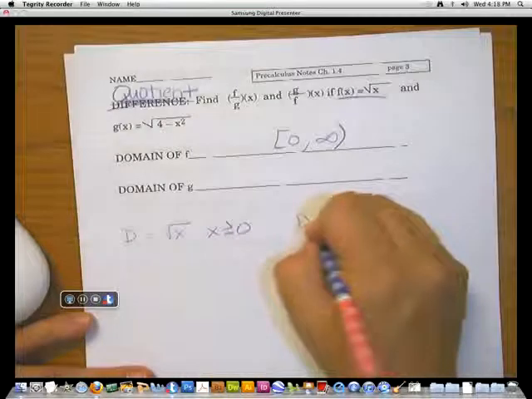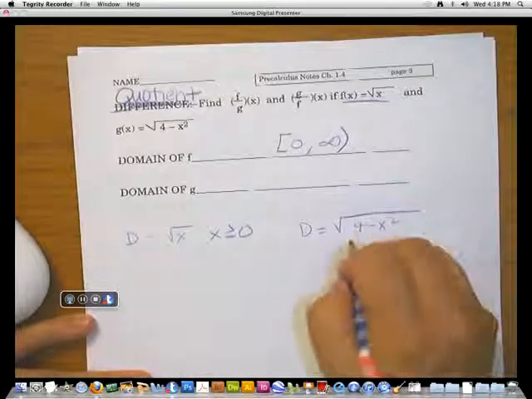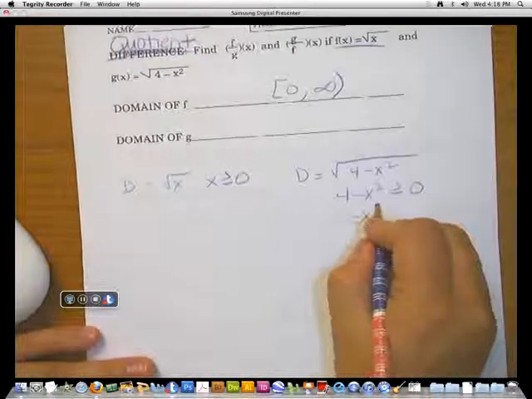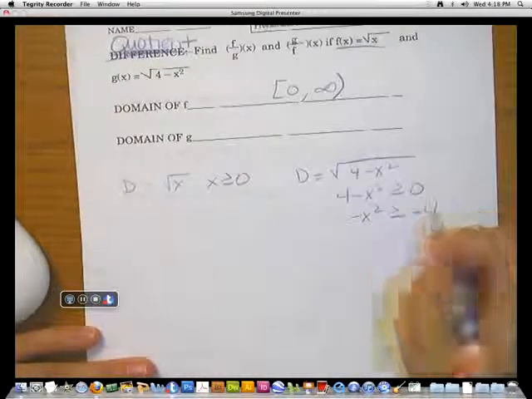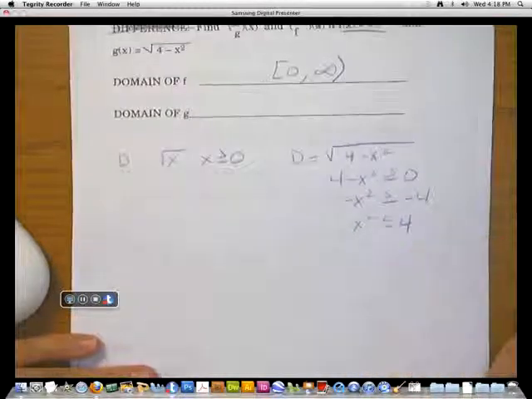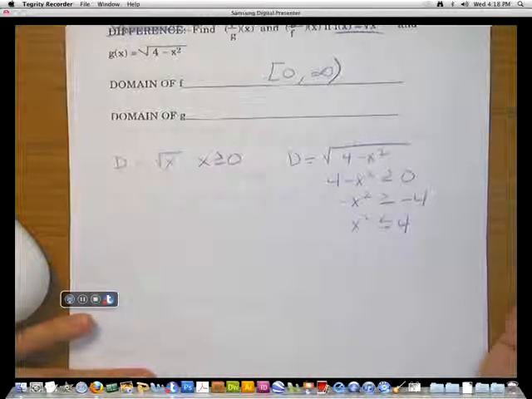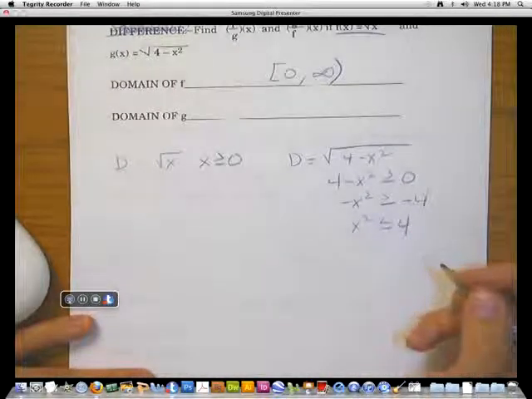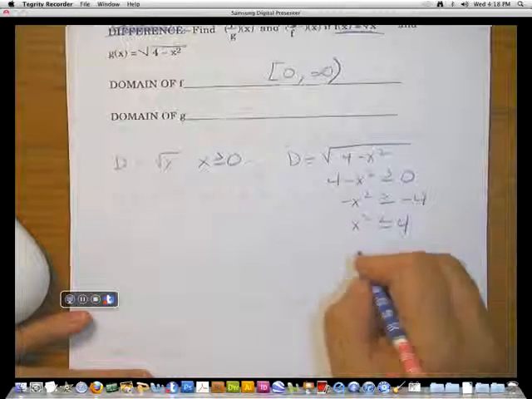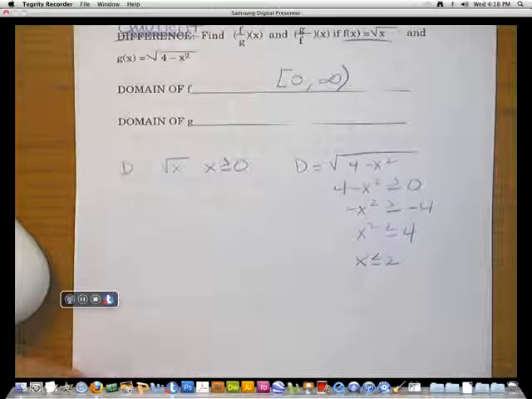So the domain of the g function means we're setting what's underneath greater than or equal to 0. When I solve this, I subtract the 4, get rid of the negative, and now I'm going to get plus or minus 2. And when I do this, it's actually x is less than or equal to 2.